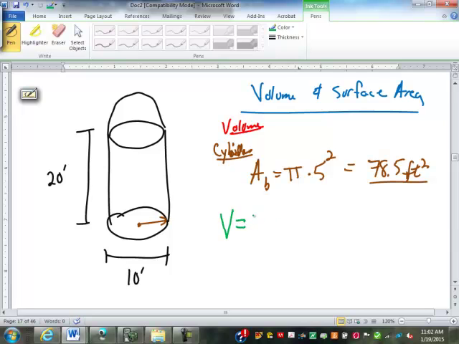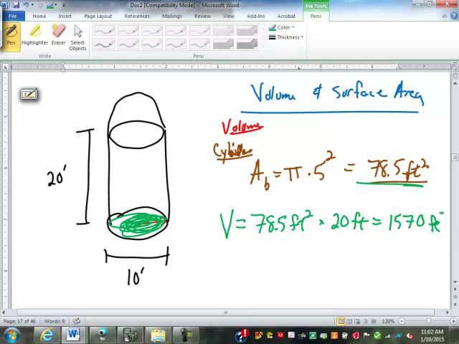To find the volume, so that area, area of the base, that's the area of the circle and bottom. So to find the volume, we take the area of the base times the height of 20 feet, which is going to be 1,570 cubic feet, correct?